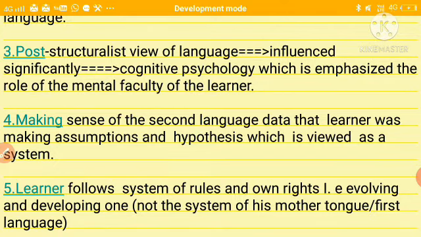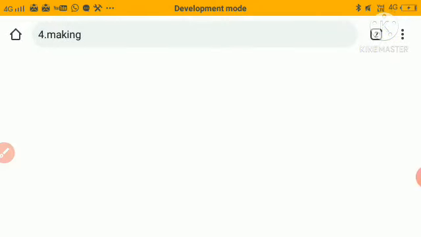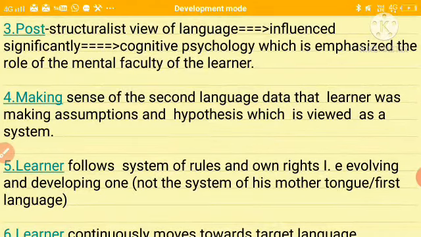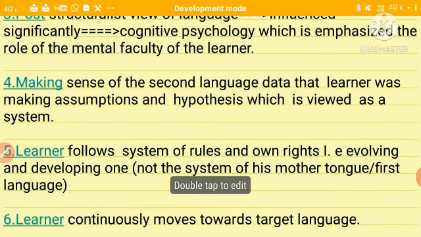Language is built by a system. The learner starts making assumptions about the new language, and making different types of hypotheses on the evolvement of the language, which is viewed as a whole system.